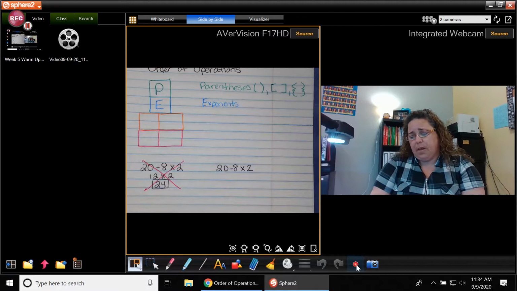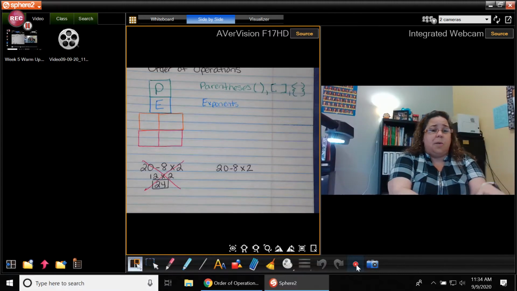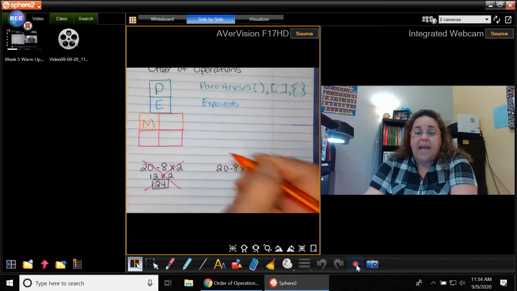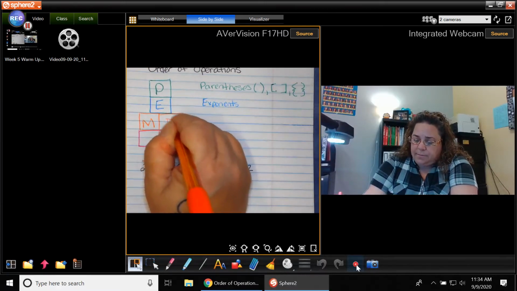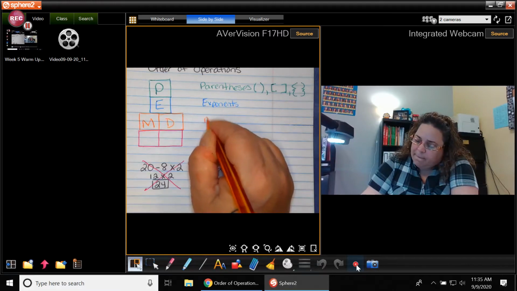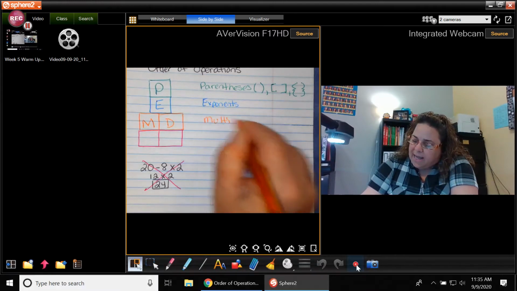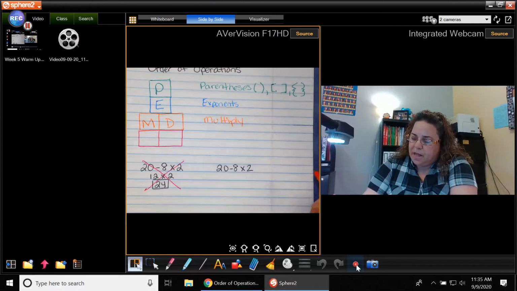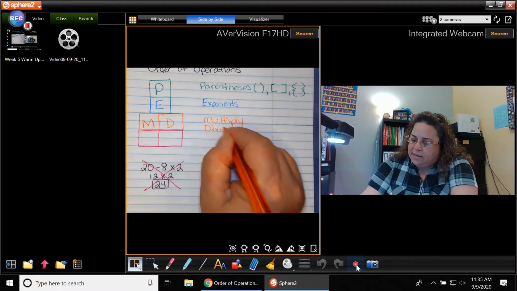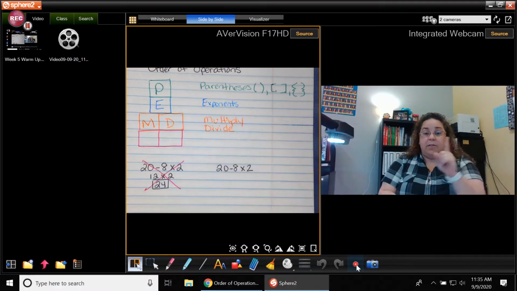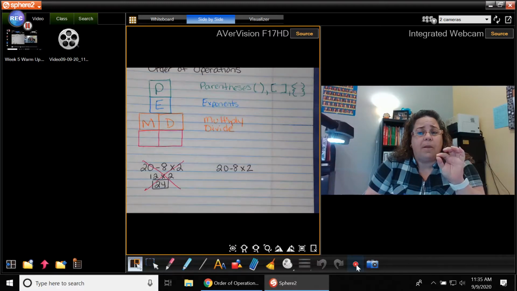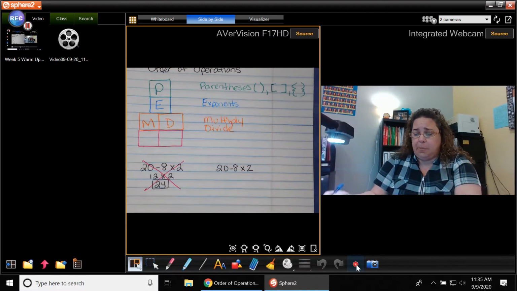Okay, and then for the orange box, we're going to put a nice M and a D. And that's for multiply and divide. Now, the trick with the multiply and the divide is that you work from left to right in the math problem, okay?